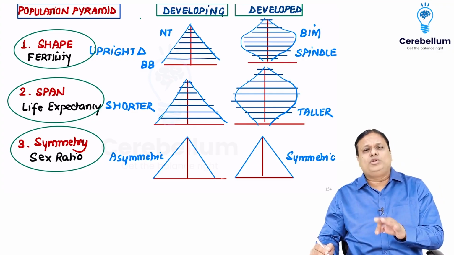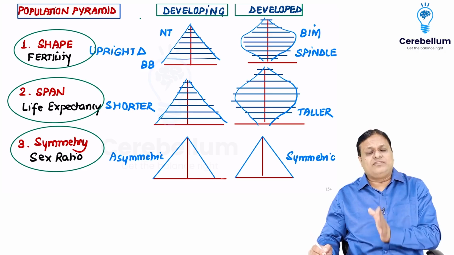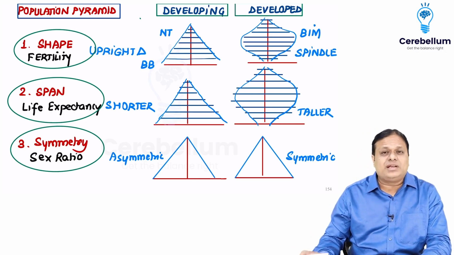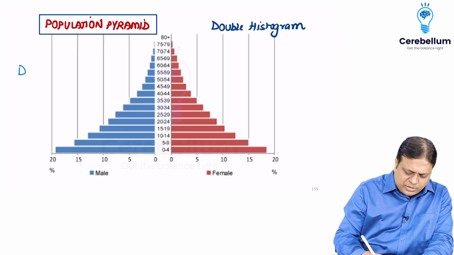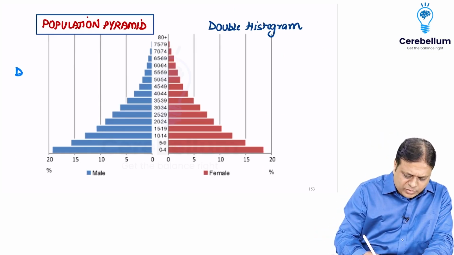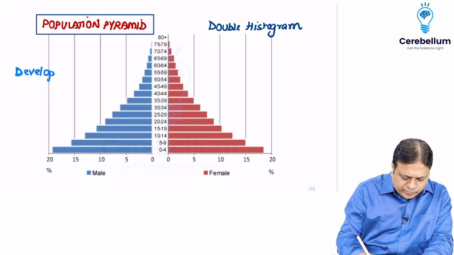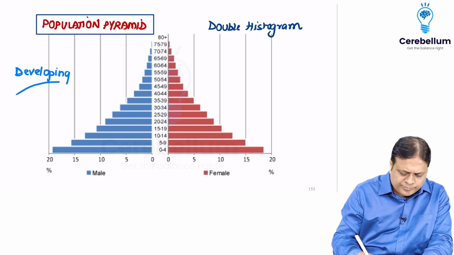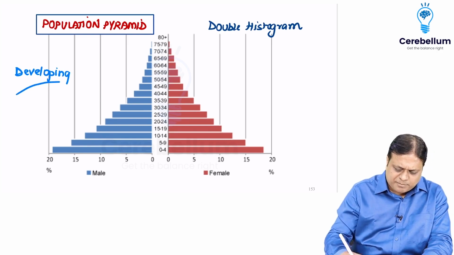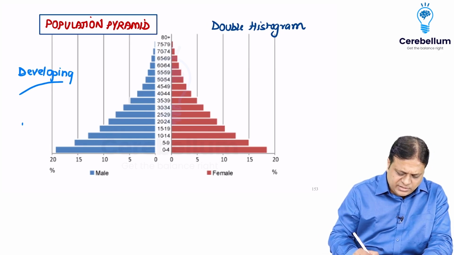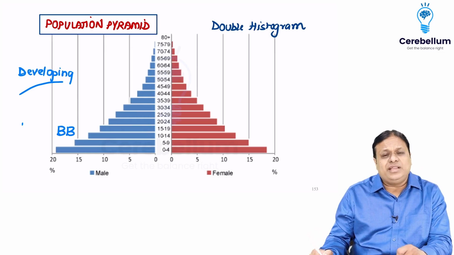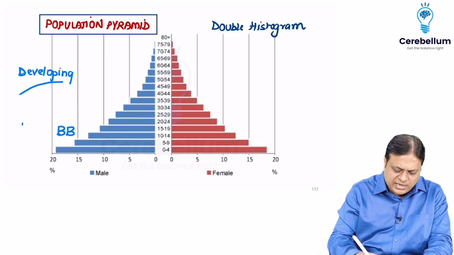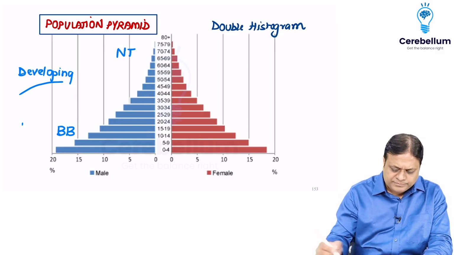Based on this, you should be able to identify, are we looking at a developed country or a developing country's population pyramid? So this is actually the pyramid of a developing country, you can see. Why? It is upright triangle, you can see, with broad base, more children, high fertility, high young age dependency, and a narrow top.